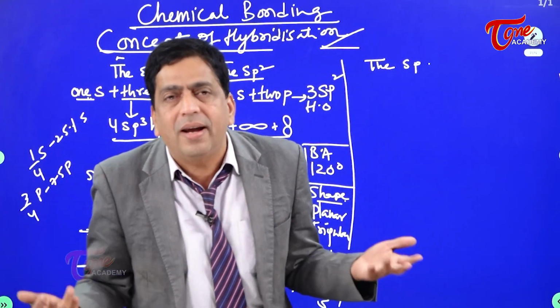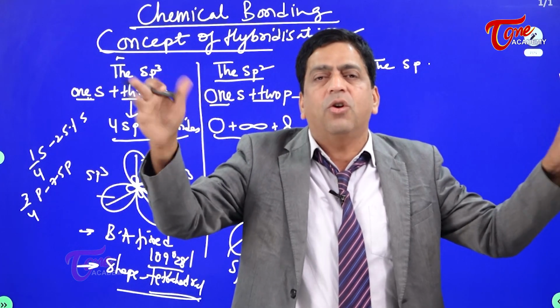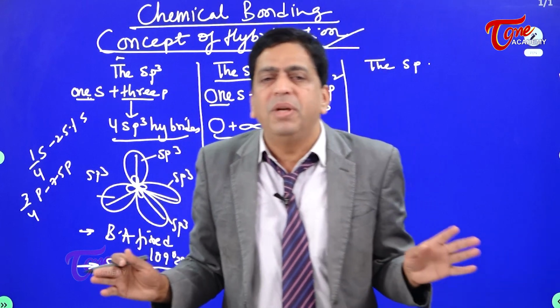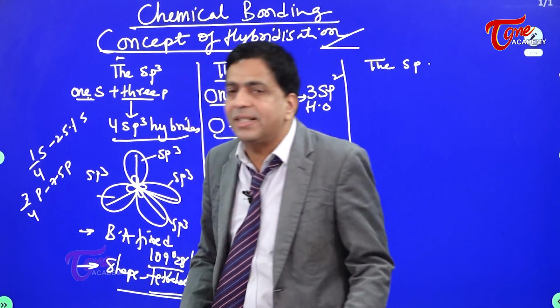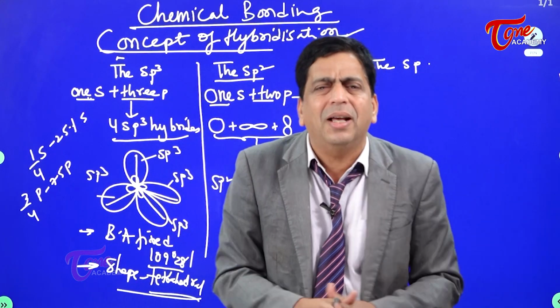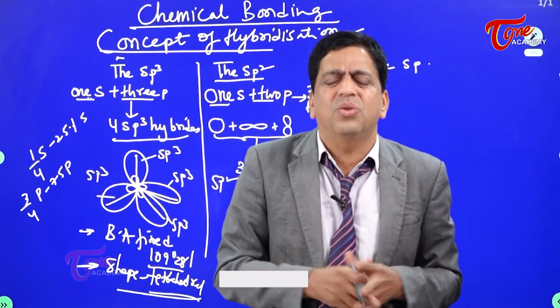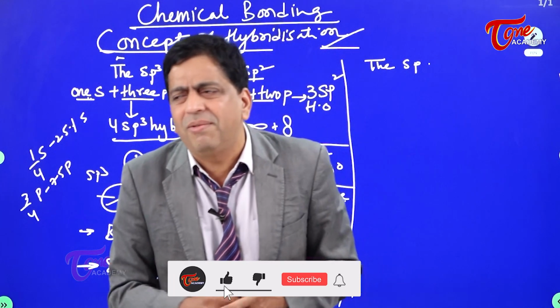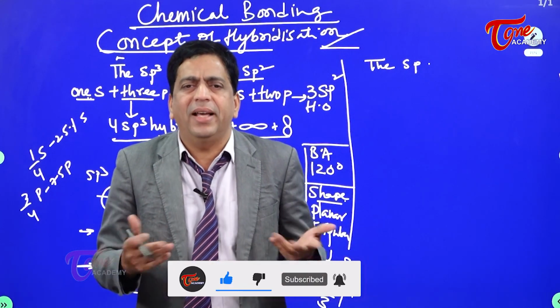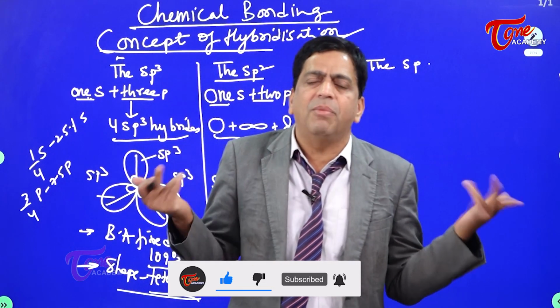How will you explain? You can't explain boron trichloride using valence bond theory where the bond angle is 120. You cannot explain methane with 109 degrees 28 minutes using valence bond theory. What will you do? I propose a theory which is hypothetical. This last minute nuisance of people asking me which way to come, better I be ready before bonding. Getting readied before bonding itself is hybridization.